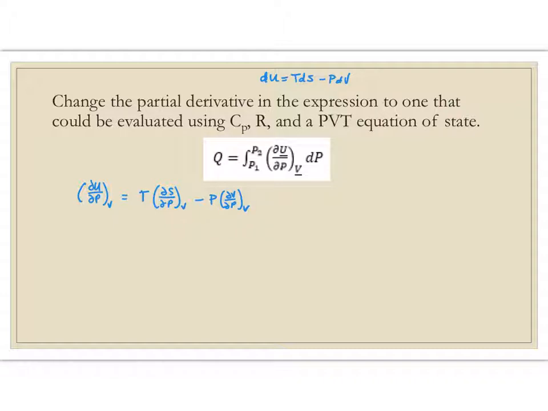And then we can simplify that. dV with respect to P at constant V is going to be 0. And so we just have this first piece.